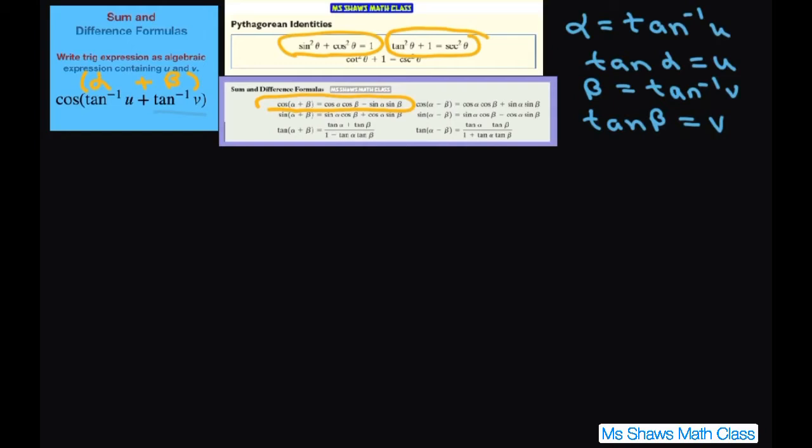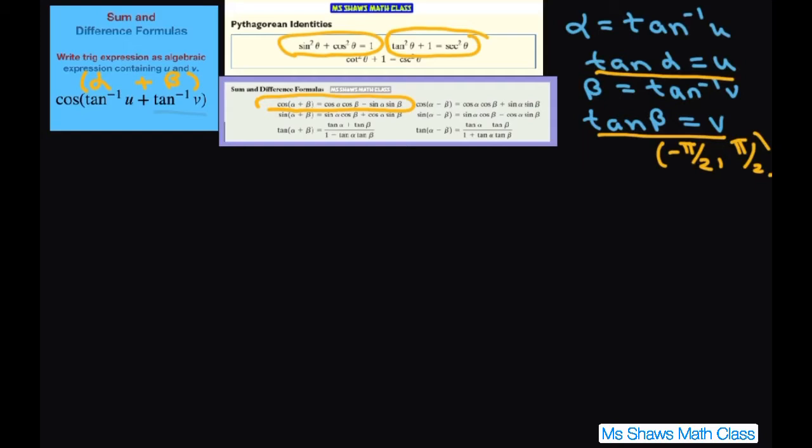Now that really doesn't help us much because we need cosine and sine. So that's where I'm going to use, and by the way, this is restricted for both of these, negative pi to pi, negative pi over 2 to pi over 2, quadrants 4 and 1.